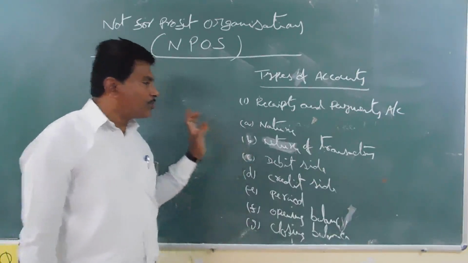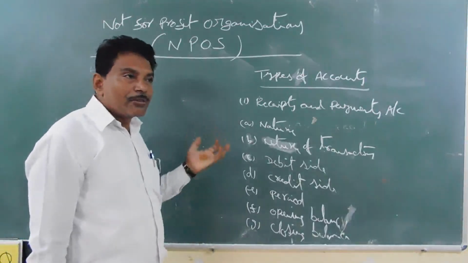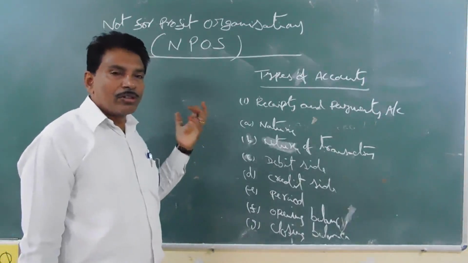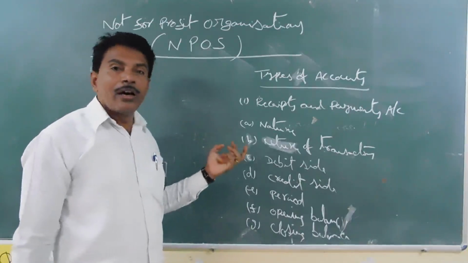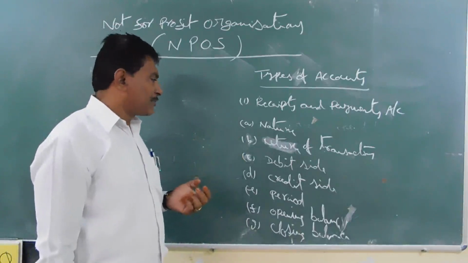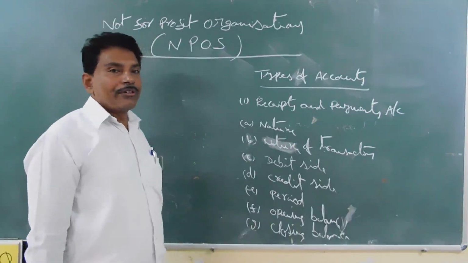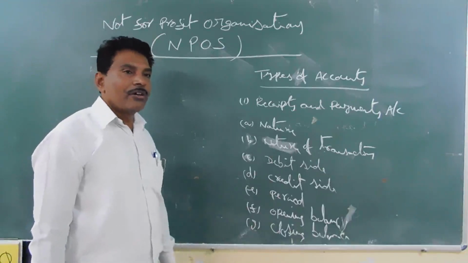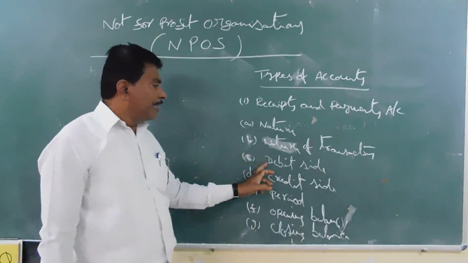So it records both capital items and revenue items. Capital items include both capital receipts and capital payments. Similarly, revenue items include both revenue incomes and revenue expenses. So capital and revenue items or transactions are recorded in this account.